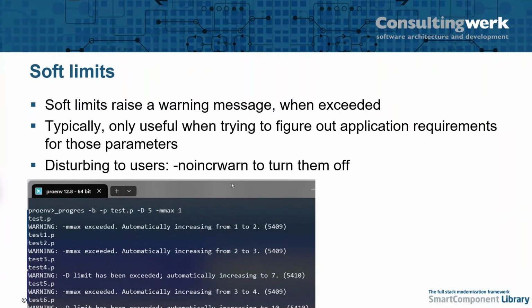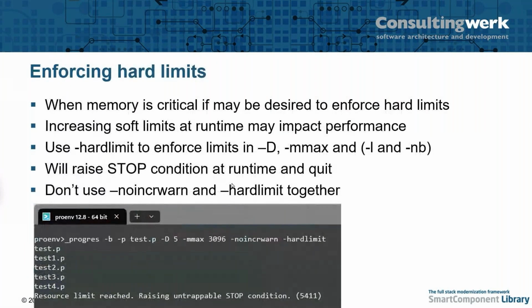And so it's very useful for a developer, or somebody in charge of recommending values for these startup parameters to people that set up production systems, to have an understanding about what values you need, and one way to know that is really increasing them until you're not seeing these messages anymore. You can enforce a hard limit.